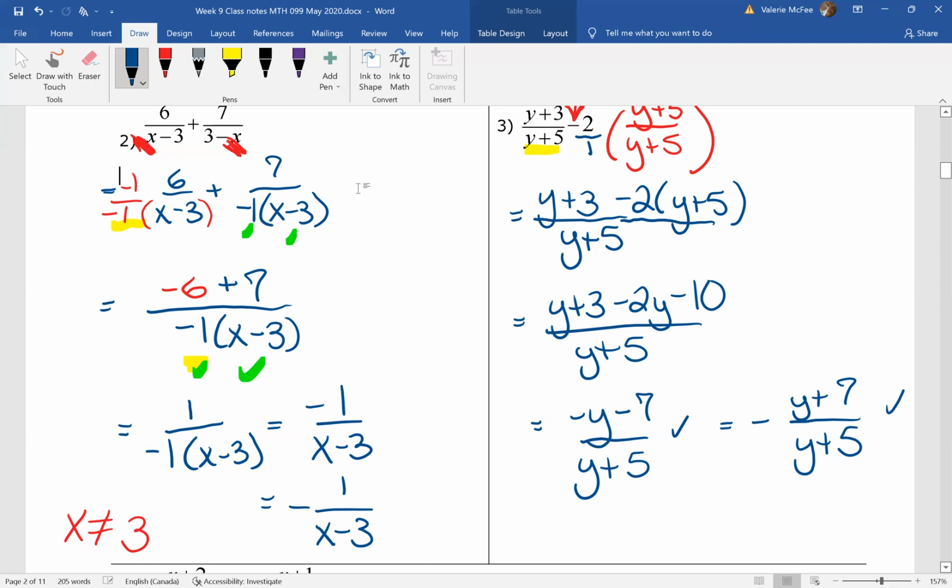What about our restrictions here? We only have this one factor in the denominator that contains a variable. So we see that y cannot equal -5 because -5 plus 5 would give us 0. A 0 in the denominator.